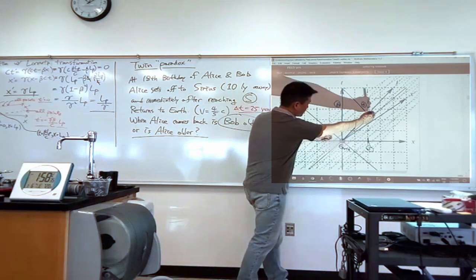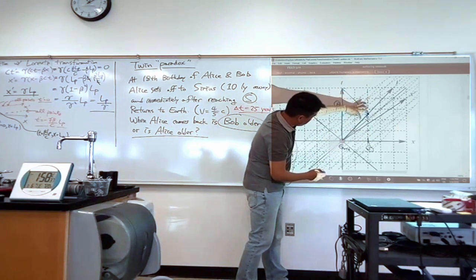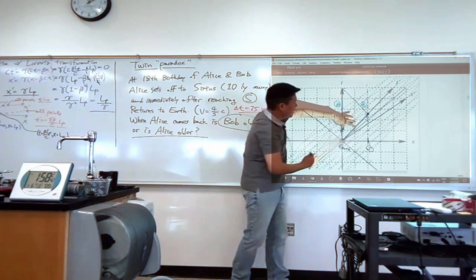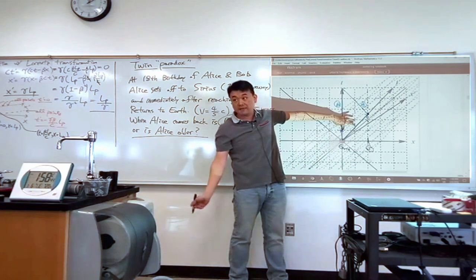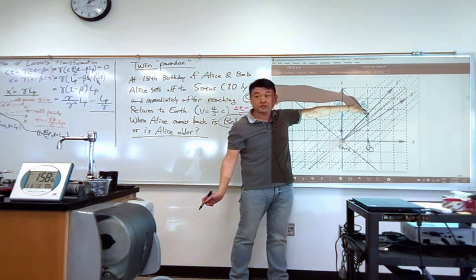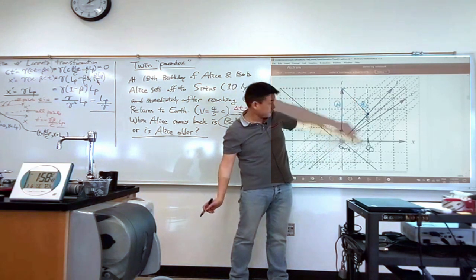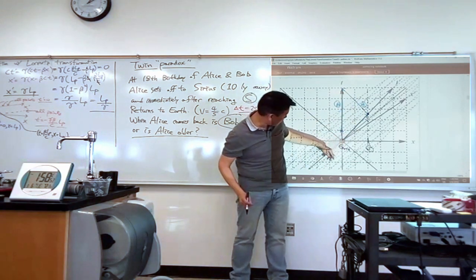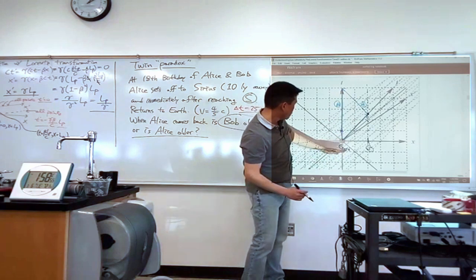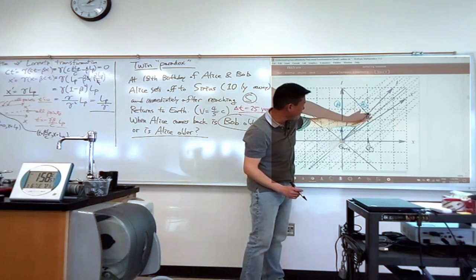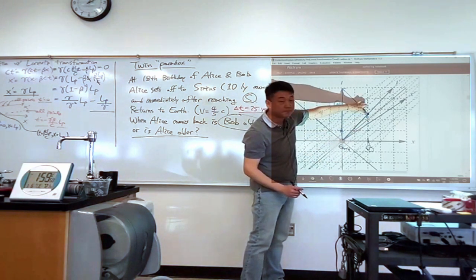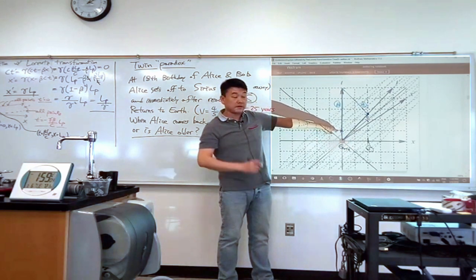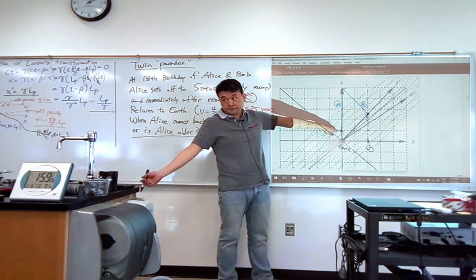So Alice has a magic telescope which lets her look at what Bob is doing right now. And this is what Alice would see Bob doing right now as she's arriving at Sirius. You can see that for her, a time of something like a year and a half has passed, and for Bob, only one unit has passed. So yes, Alice does see Bob as younger.